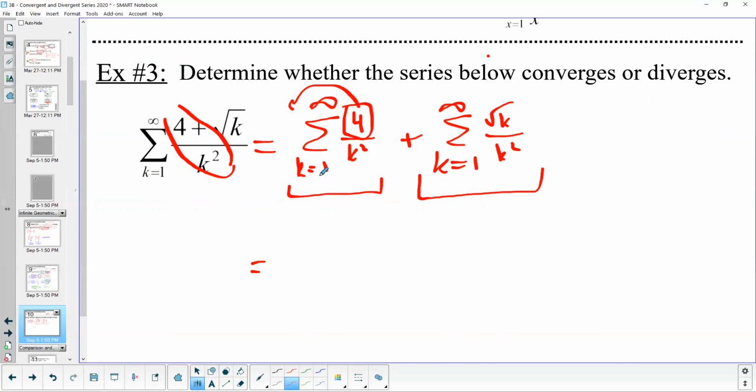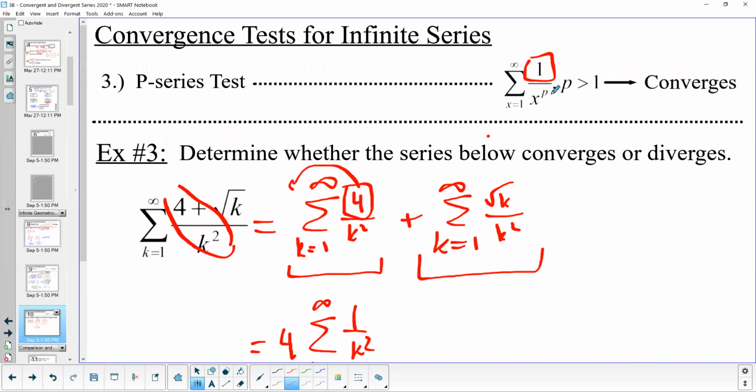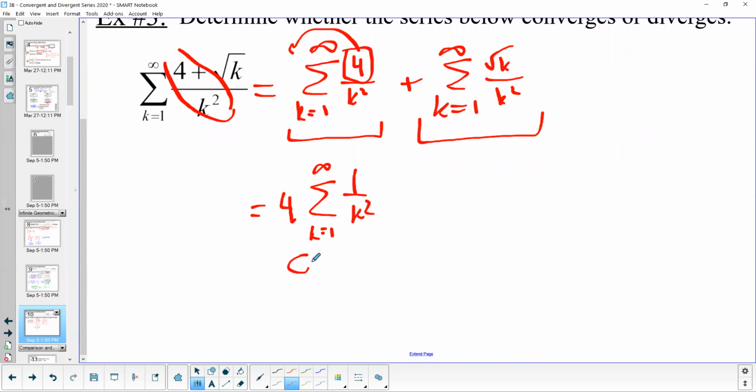So the sum from k equals 1 to infinity of 4 over k squared can be rewritten as 4 times the sum from k equals 1 to infinity of 1 over k squared. I notice it's 1 over k squared, so the 2 ends up being p. That value 2 is greater than 1. Therefore, by the p-series test, this particular series converges.